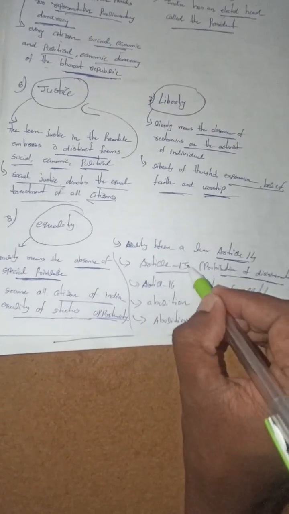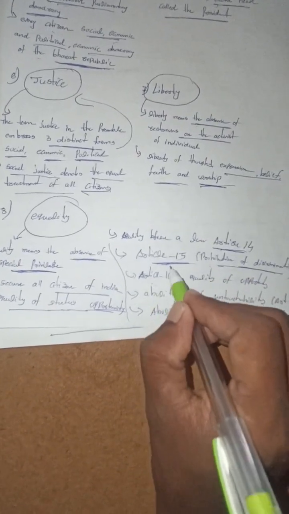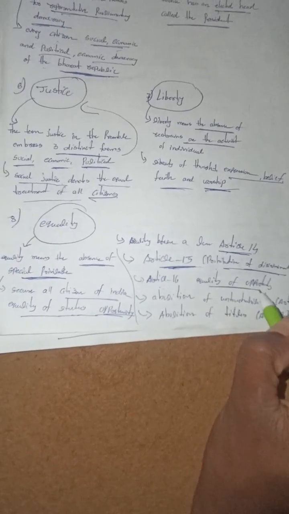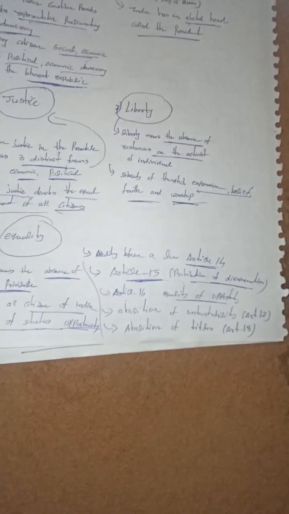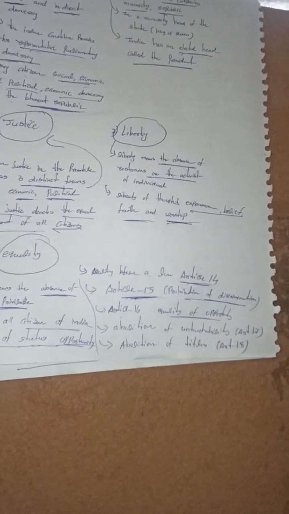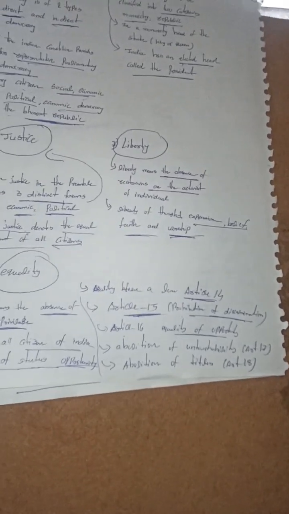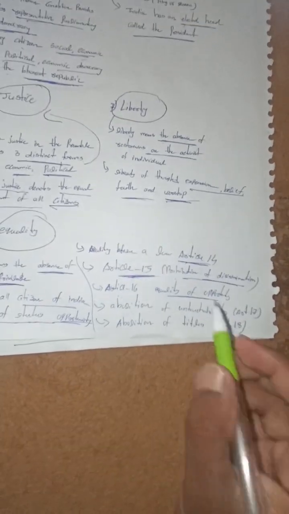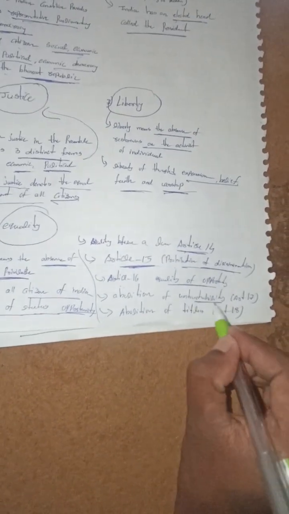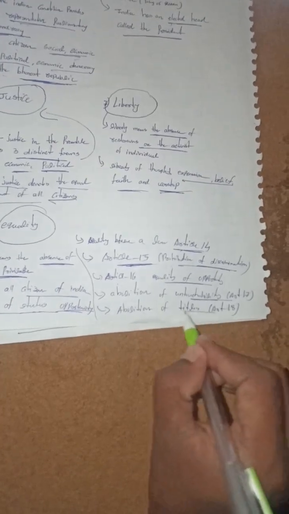Article 16 is equality of opportunity. Article 17 is known as abolition of untouchability, and Article 18 is known as abolition of titles.